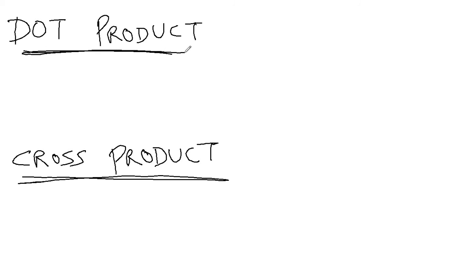So one thing to notice is that the resultant of a dot product is a scalar, while that of a cross product is a vector.